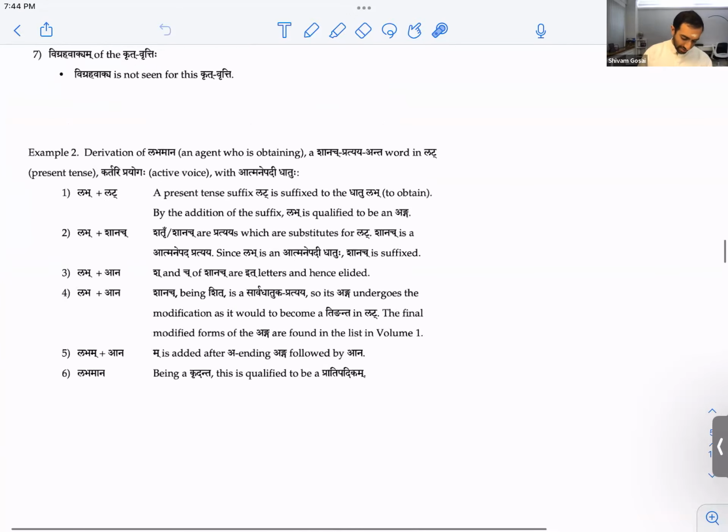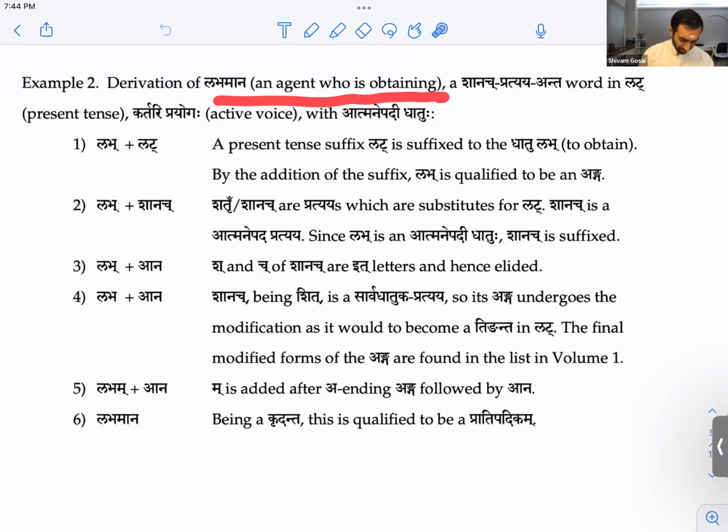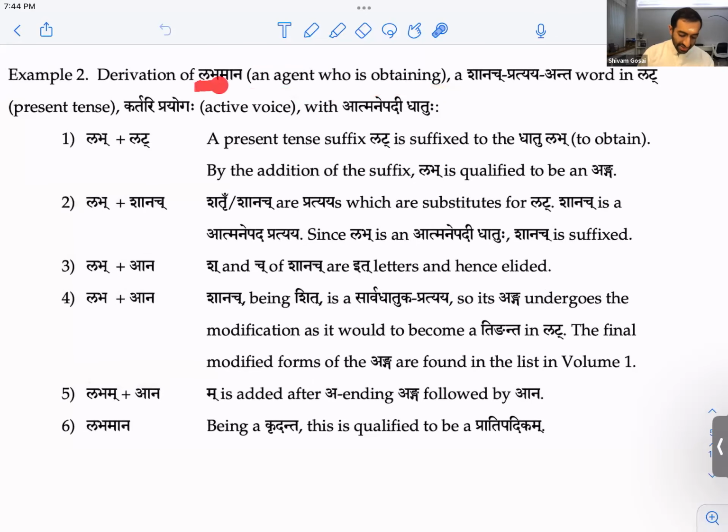So what this means is we can translate it as, here they took it as kartari, an agent who is obtaining. So Kṛdanta Śānac is like adding ing, obtaining.